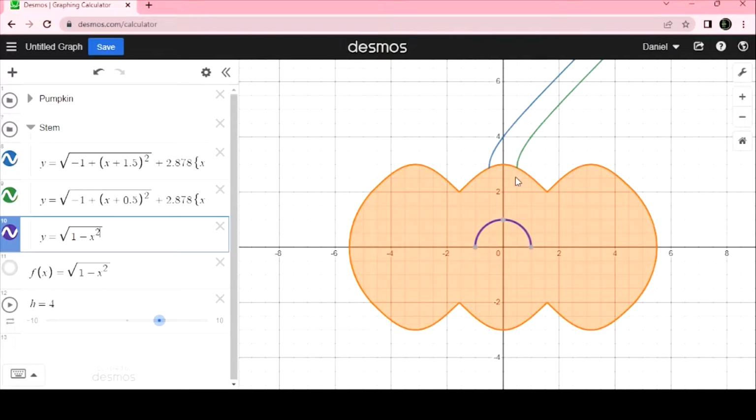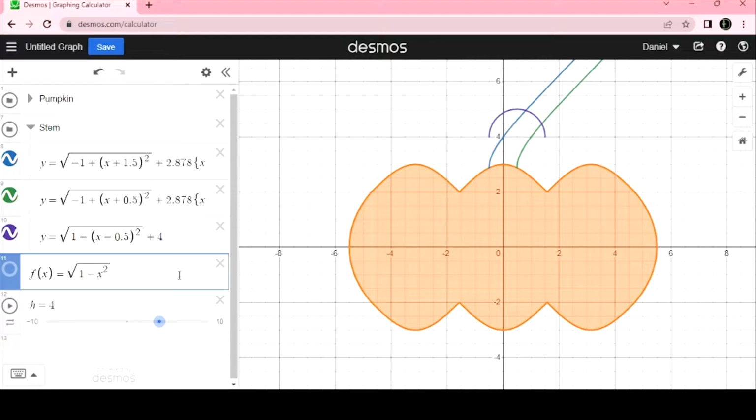And we'll just go half to the left or right. Then we'll add 4, and then we'll downsize it.